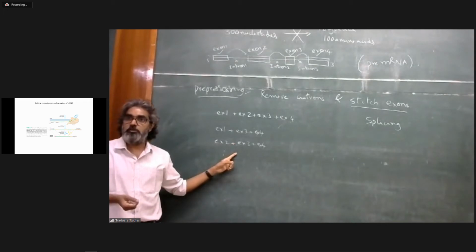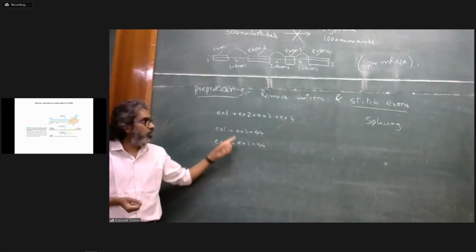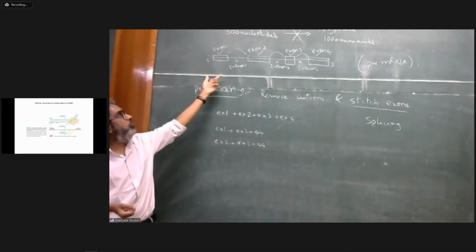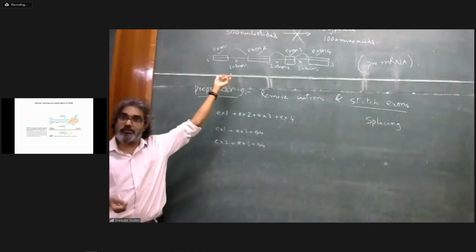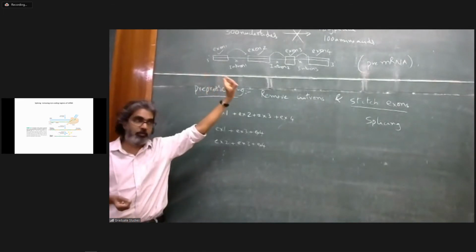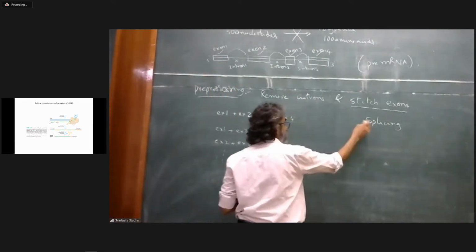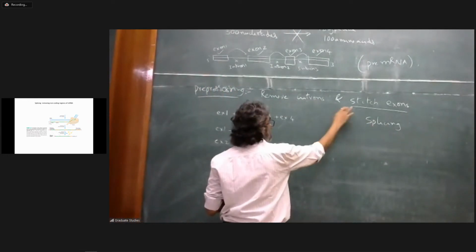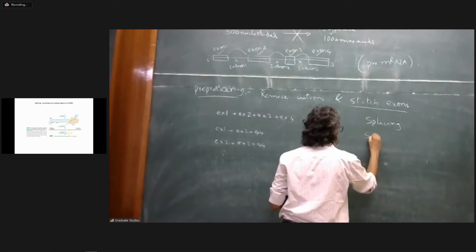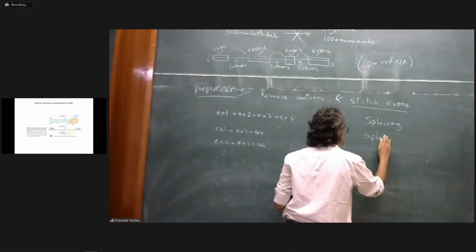So you have these additional elements. If you look carefully, introns have sequences which are recognized by what's called splicing machinery. This process is called splicing, removing the introns and stitching exons, and the enzymes are the complexes which are involved in splicing.